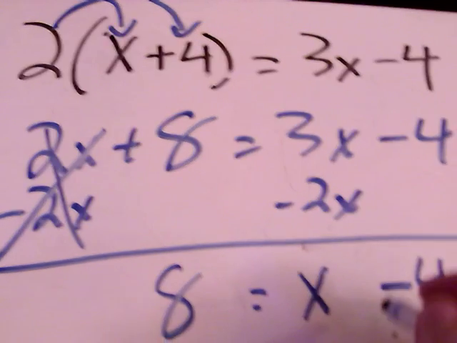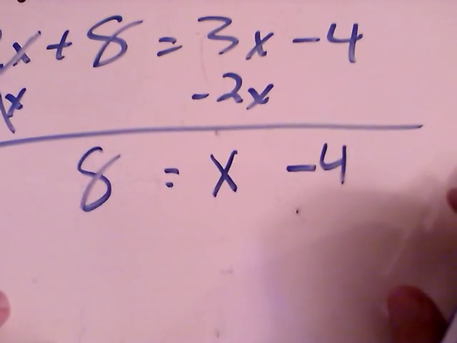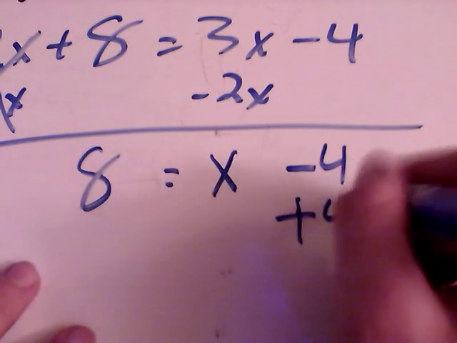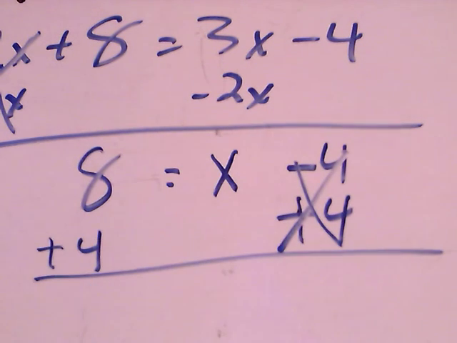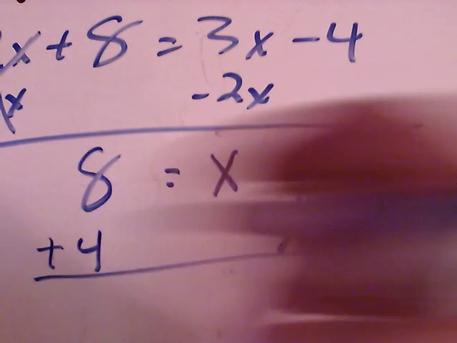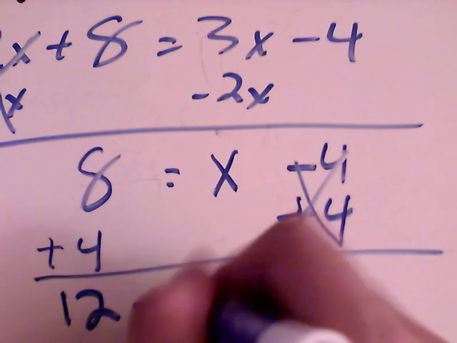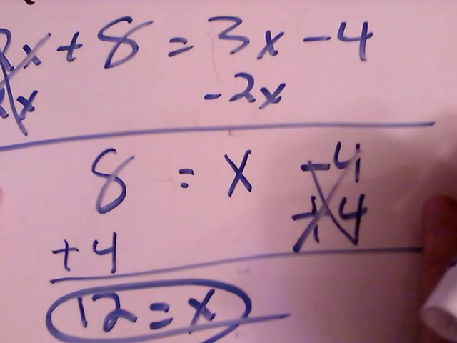So then right here, this looks like a simple problem that we started with in the beginning. You add 4 to both sides. This 4 cancels out. And then on the left side, you get 8 plus 4, which is 12 equals x, and that is our final answer.